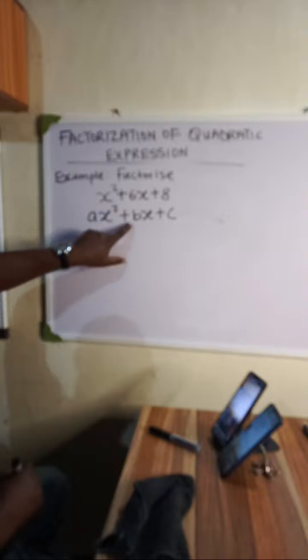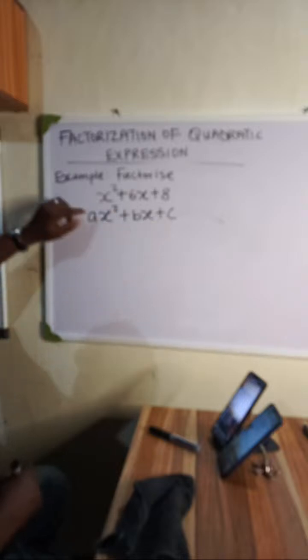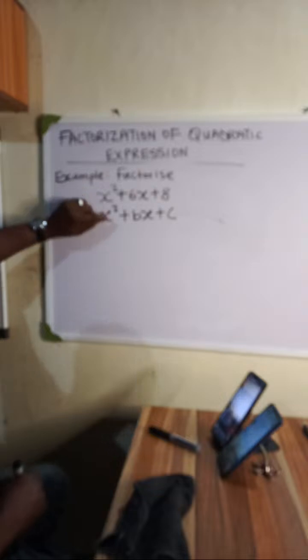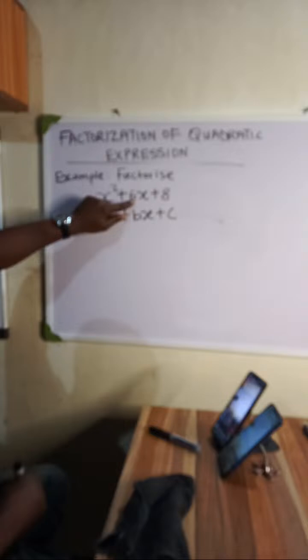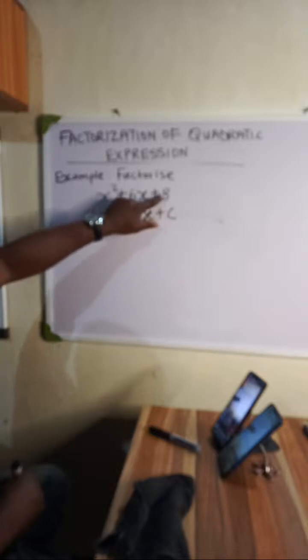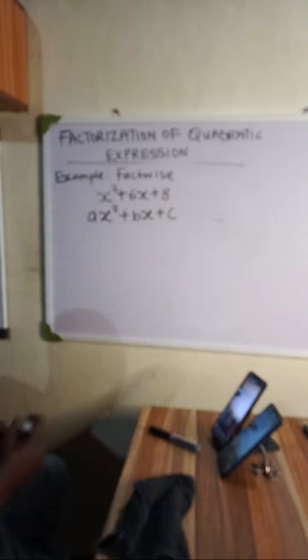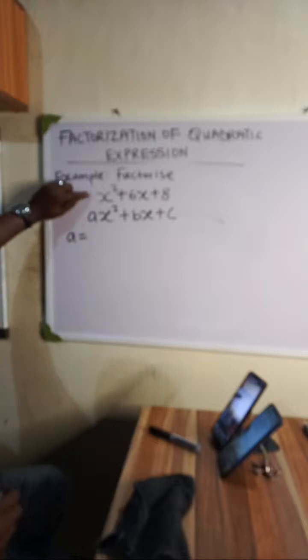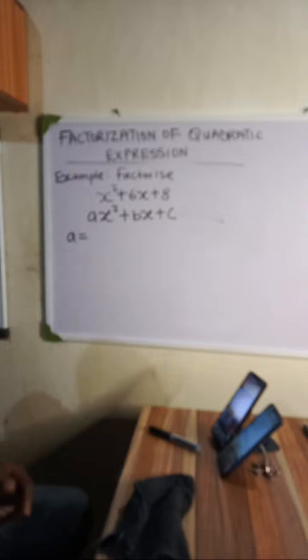So ax squared plus bx plus c. a is the number in front of x squared, b is the number in front of x, and c is the number without the x. Okay? So in this case, a is equal to, is there any number in front of x squared?